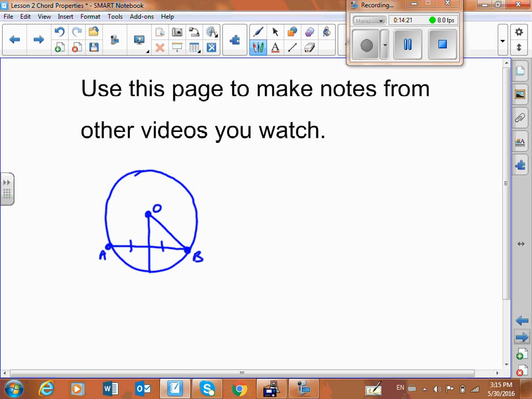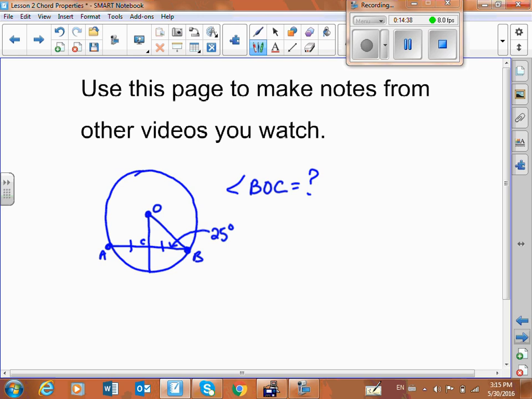I'll put a little C in here. Can you tell me what angle BOC measures if this angle in here is 25 degrees?